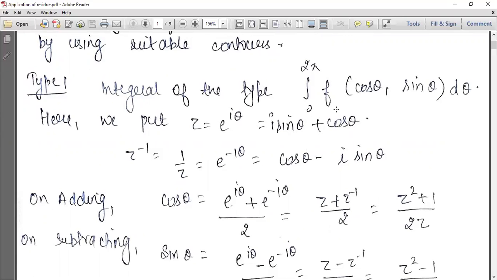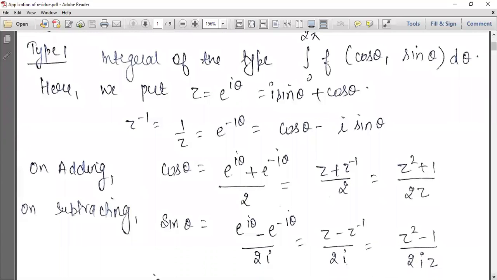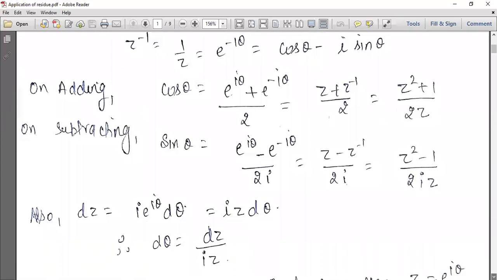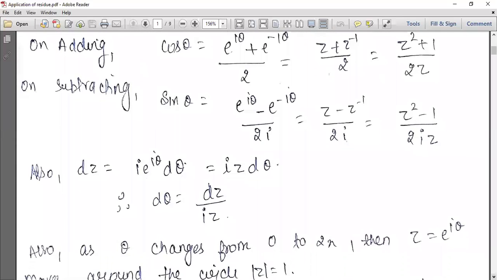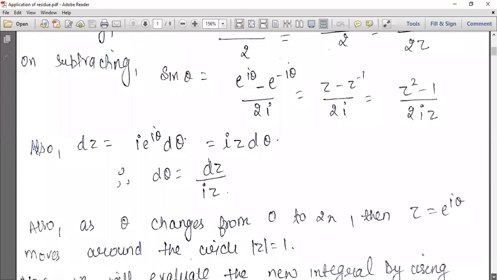And if I put pi by 2, so cos theta will be 0, and sin pi by 2 is 1, so I will get the point i. And same for all the values of theta. So my contour of integration will change from 0 to 2 pi to modulus z equal to 1.